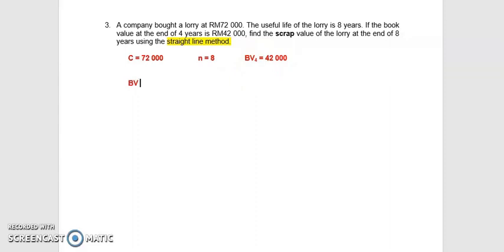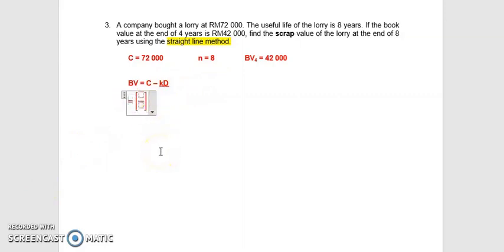For the straight line method, book value BV equals C minus KD, where D is annual depreciation. Substitute the values and expand this formula.